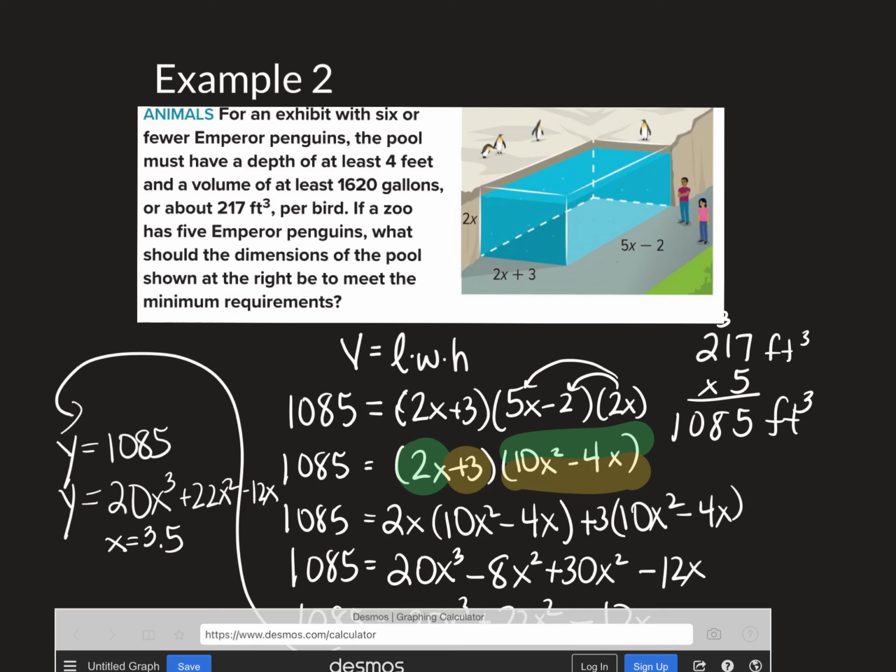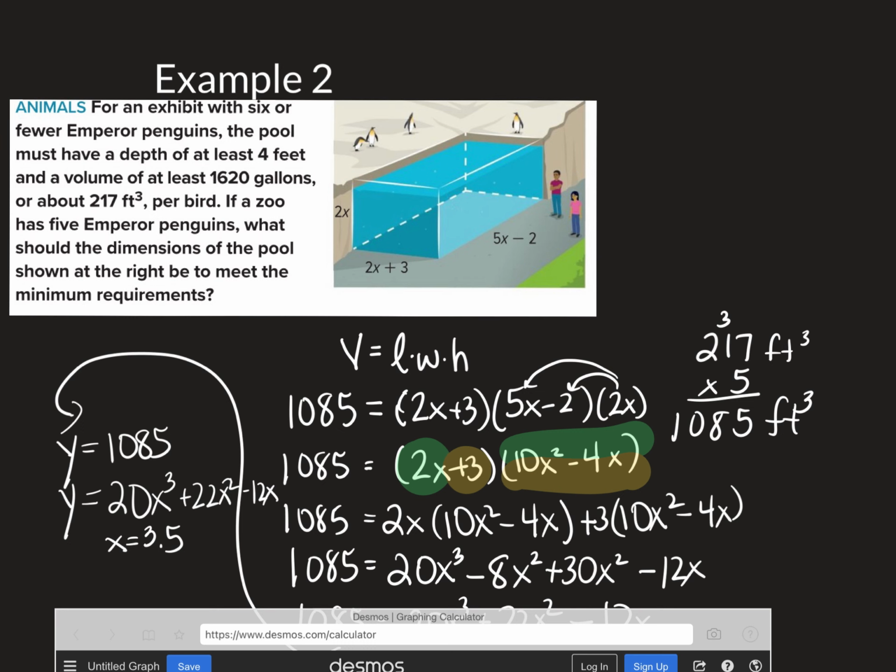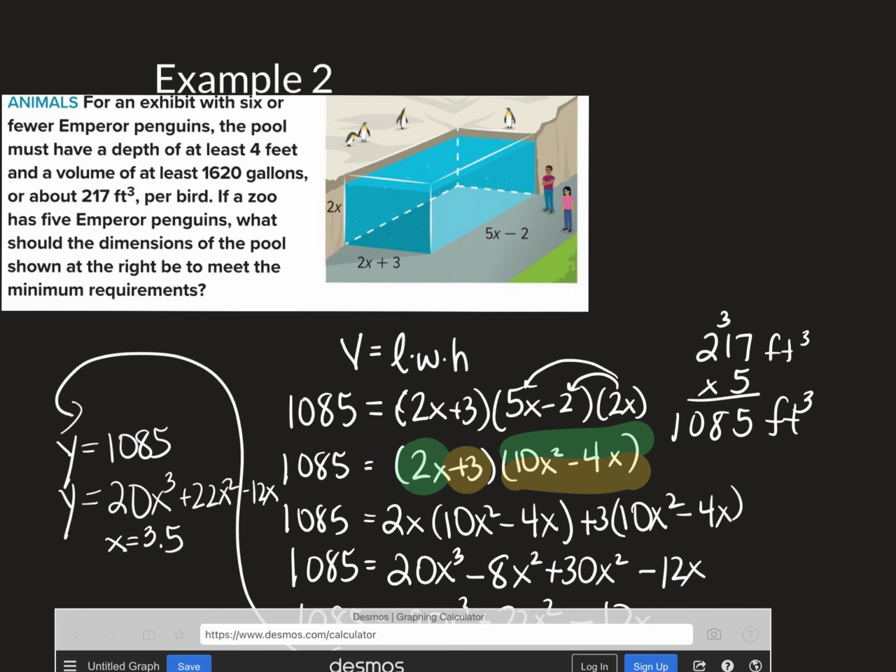We want the dimensions. What would be the dimensions of the pool to meet the requirements? So we're going to substitute 3.5 into my height, length, width, whatever you want to call those. So 2 times 3.5 is 7 feet.